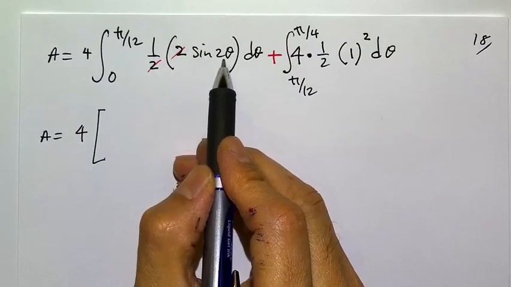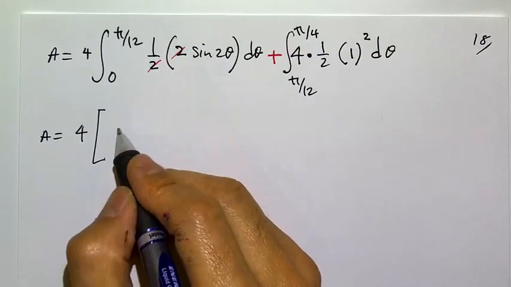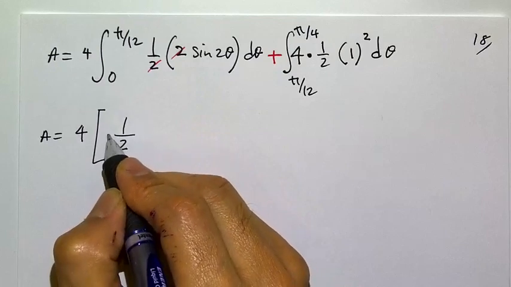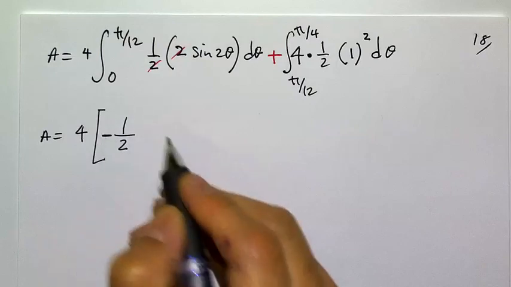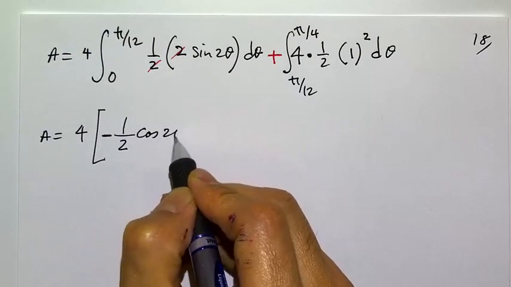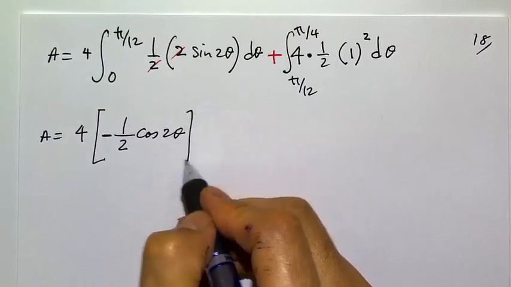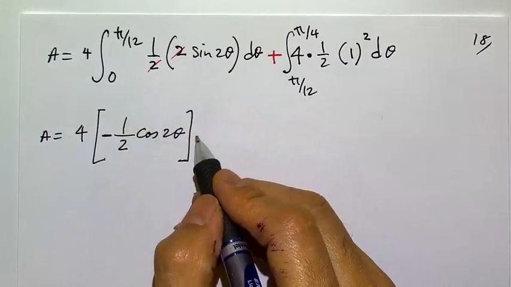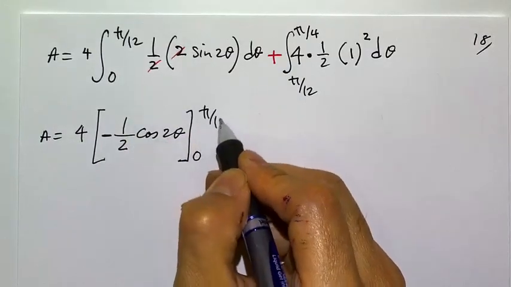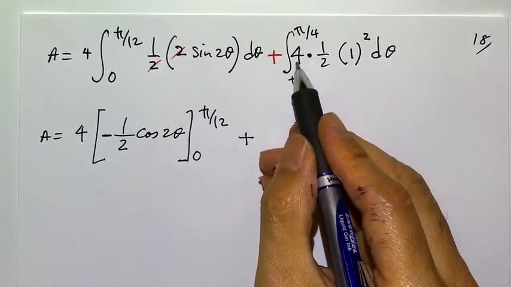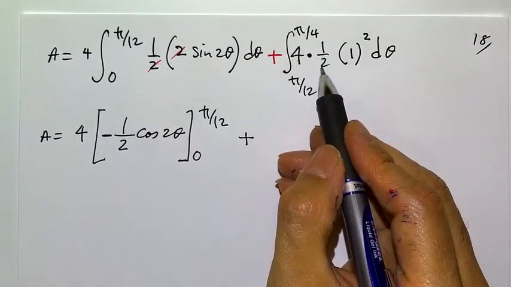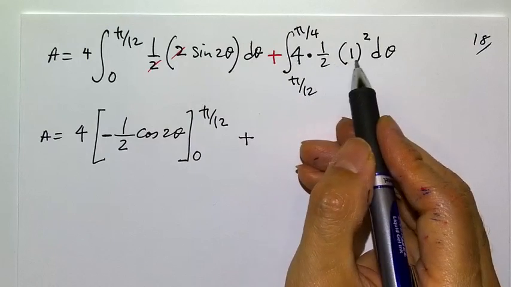These two simplify, so we're integrating sine 2 theta. And that would be minus 1/2 cosine 2 theta, going from 0 to pi over 12, and then plus 4, right? For this, times 1/2.